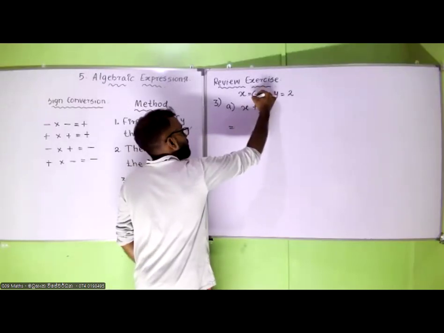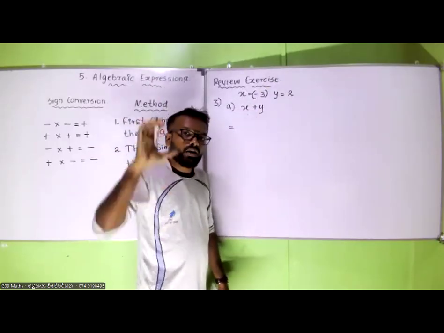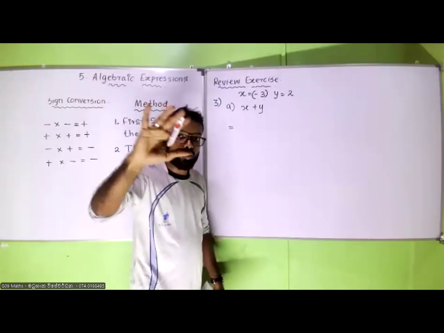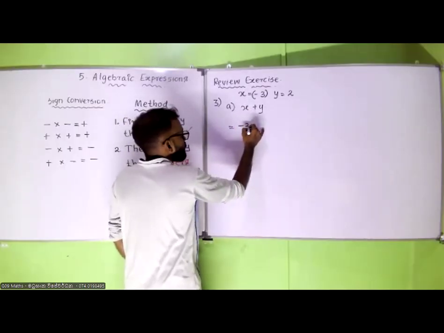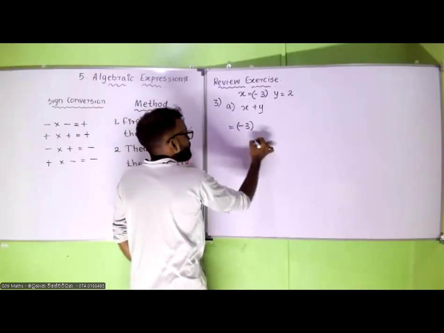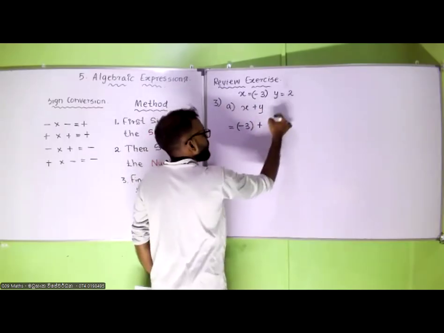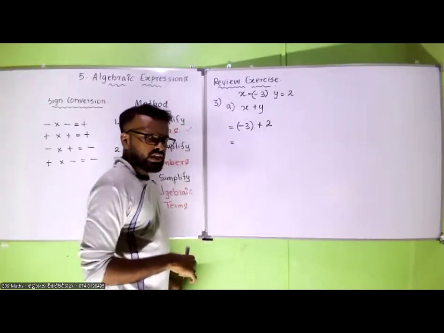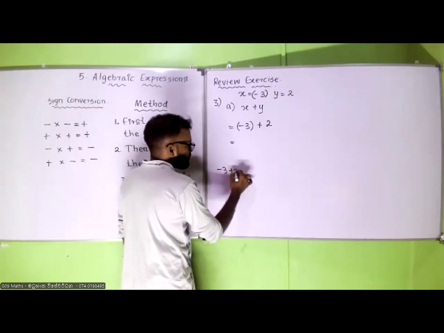When you are substituting a negative number, it would be better to use brackets. I am using brackets. This is plus. Instead of y, I am going to substitute 2. This is negative 3 plus 2.